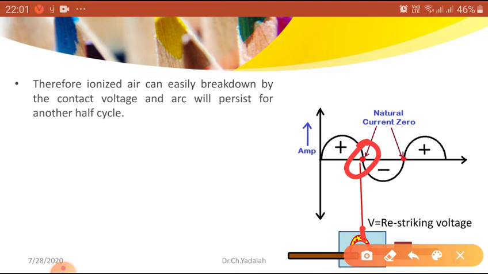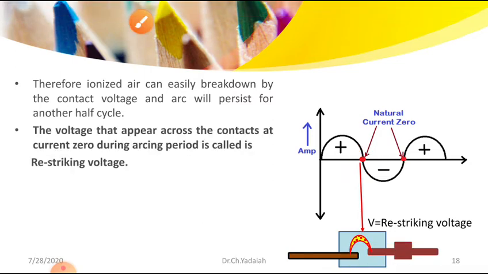If this restriking voltage is enough to break down any ionized particles, the arc will continue once again. So the voltage that appears across the contacts at current zero during the arc period is called the restriking voltage. You should know this one. Already we have seen restriking voltage, recovery voltage, normal voltage, and arc voltage also.